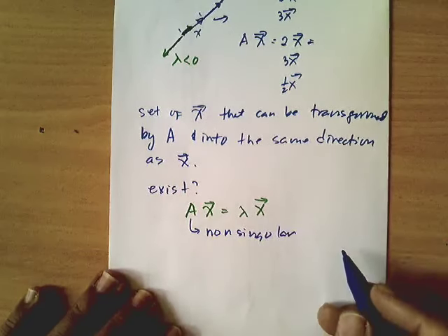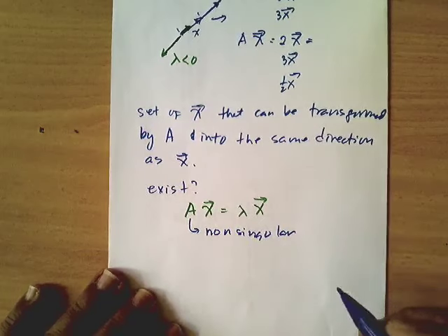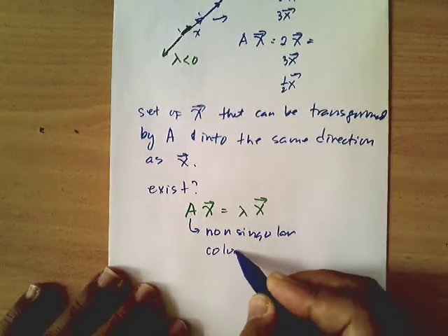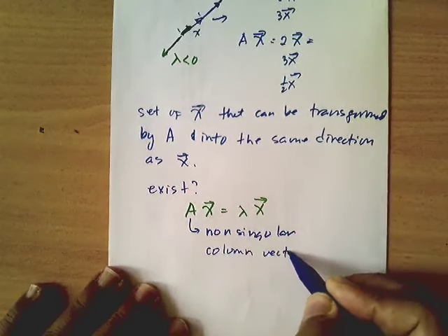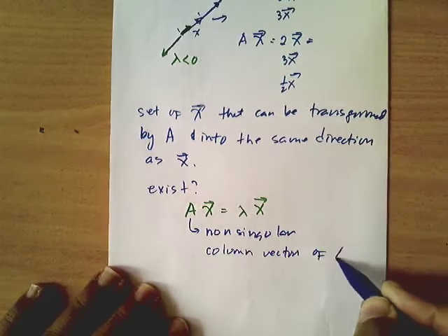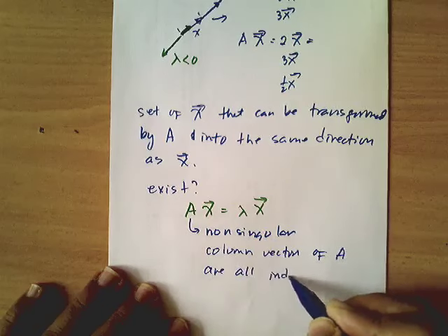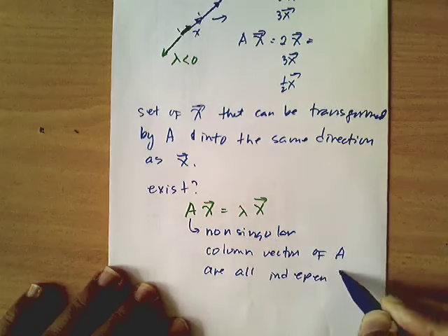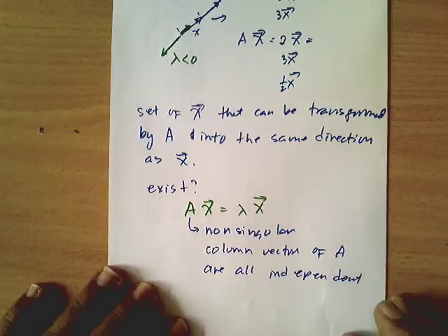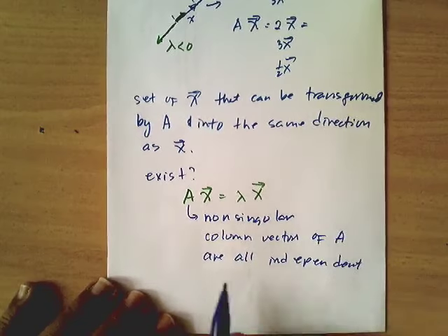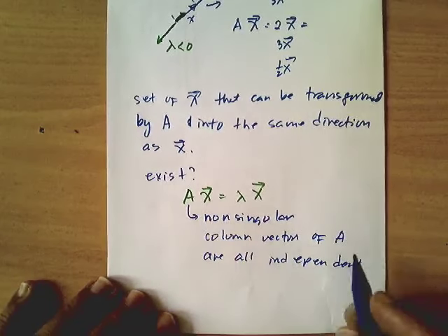The word sounds highfalutin, but when you say non-singular, it means that the column vectors of A are all independent. That's the meaning of that.